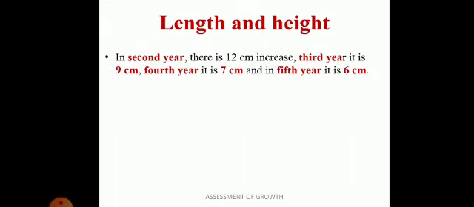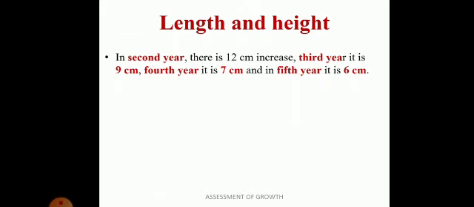Now in the second year there will be a 12 centimeter increase. In the third year it will be 9 centimeter. In the fourth year it is 7 centimeter. So this is increasing, but the increment in a particular year will decrease as the age advances.